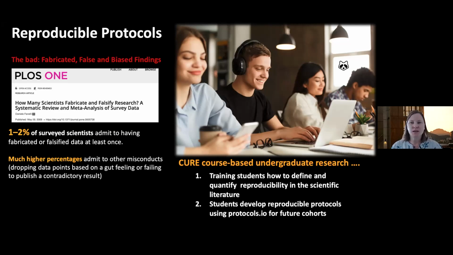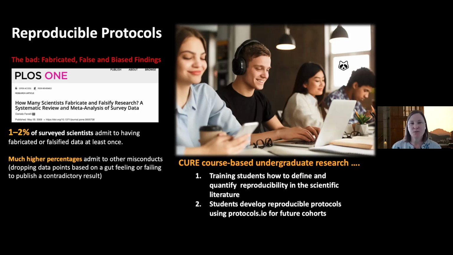So how do we as a scientific community go about trying to eradicate this kind of problem that exists within science? So one way we can do that is by training our next generation of researchers that their data and their science and their protocols in particular all need to be open and available so that we can review those over time, and we can reproduce that research.